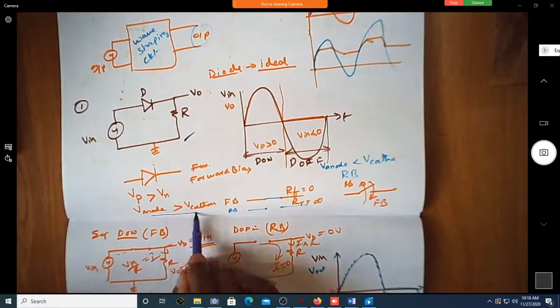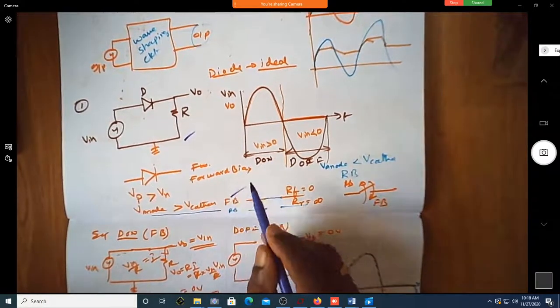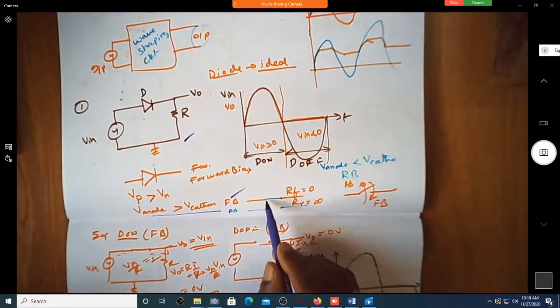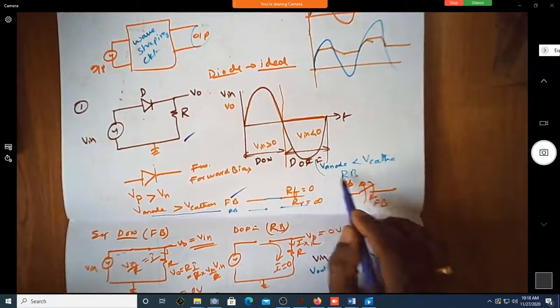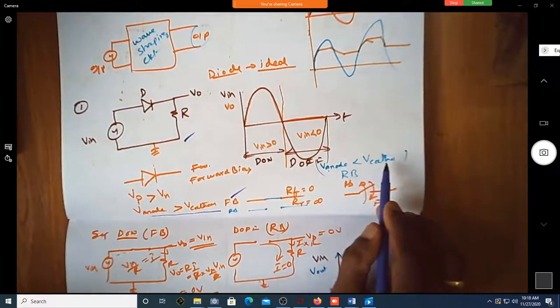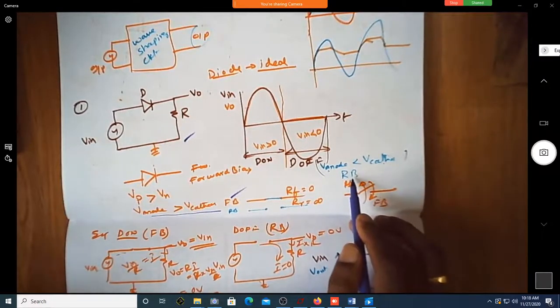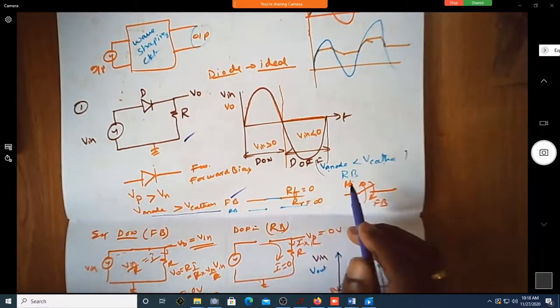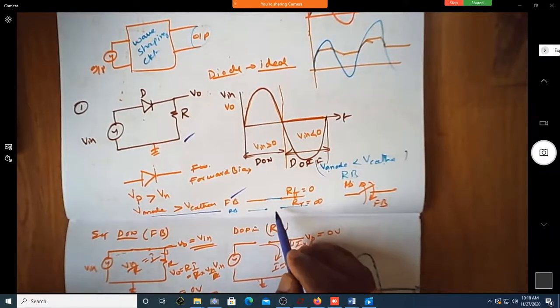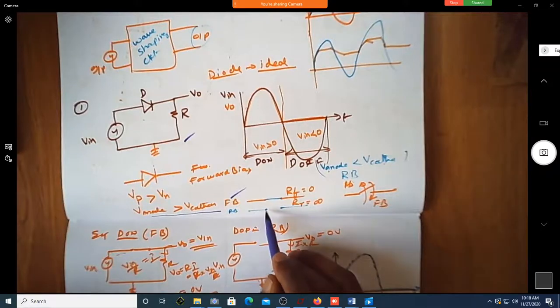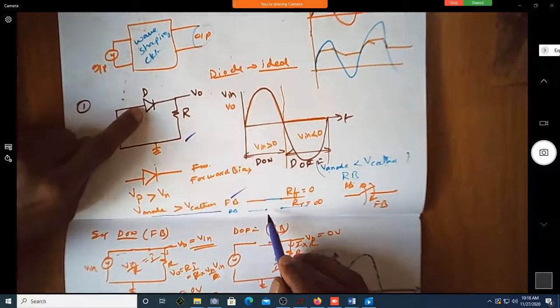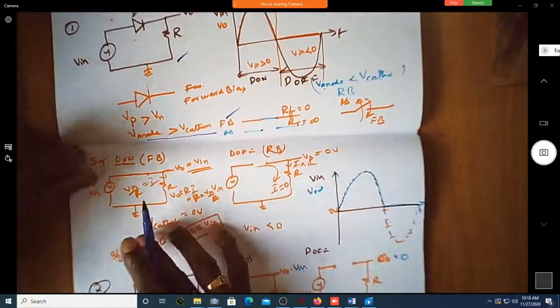This is the forward bias condition, where we represent the diode by a short circuit. On the other hand, if the anode voltage is less than the cathode voltage, it is reverse bias. In an ideal condition, I will treat it as an open circuit with a reverse resistance of infinite ohms. So you represent the same diode with an open circuit. That's what we wrote here.